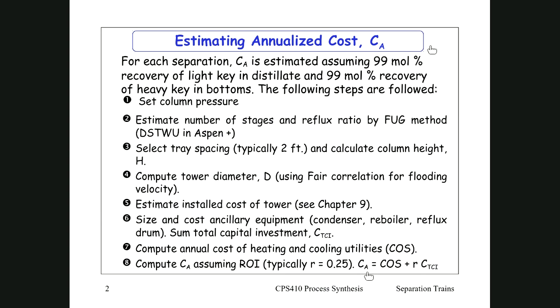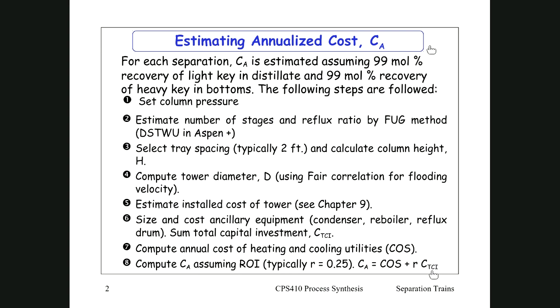And it is possible that you can get different answers for the optimum sequence of columns if you have a different cost of capital. So that R is just giving an idea of how much it costs to borrow that capital to build your plant, total cost of capital, how much you have to pay per year to pay off that total capital.